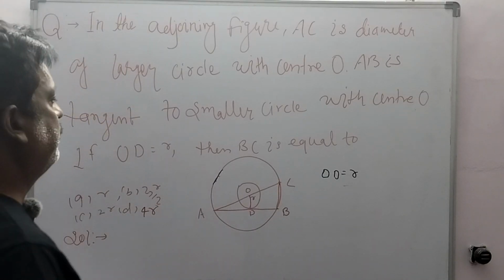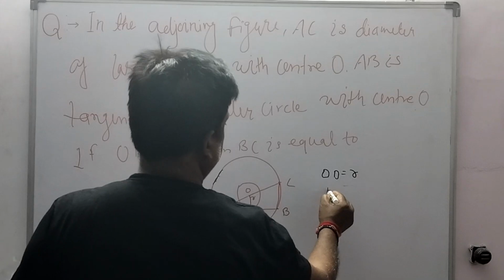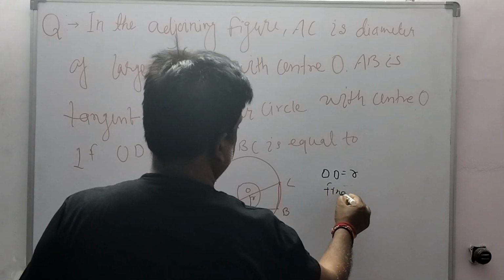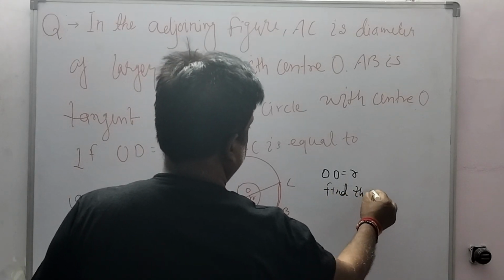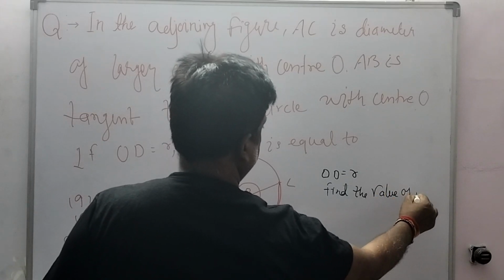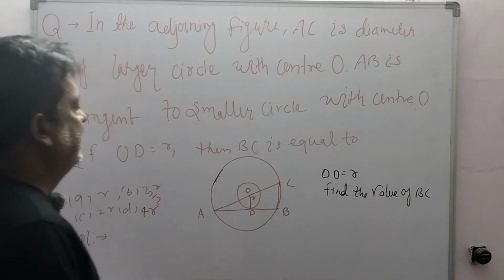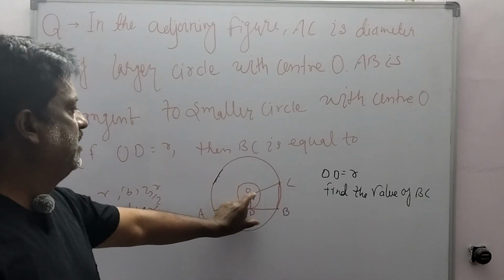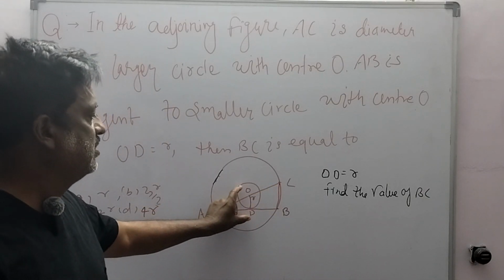We have to find the value of BC. Then OD is given as R, so we have to find the relationship between OD and BC.